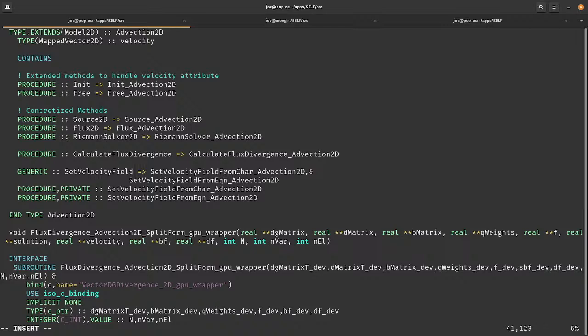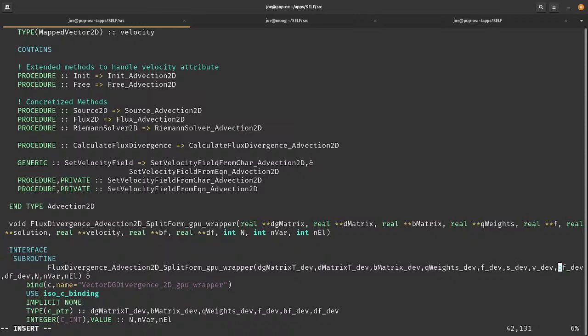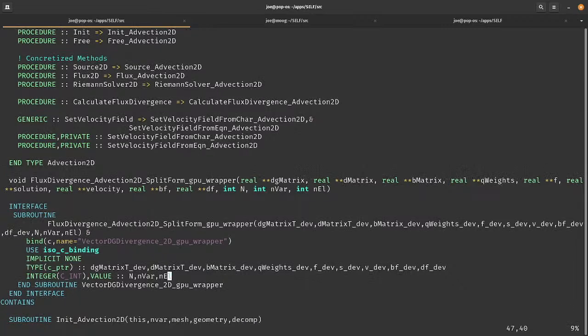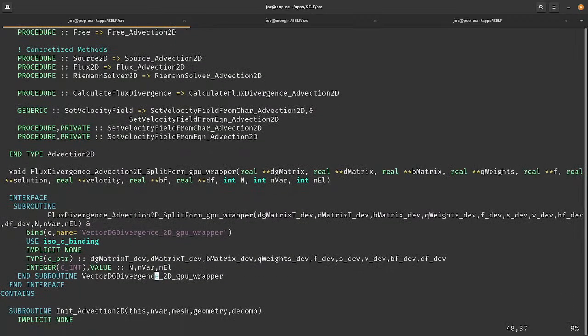So I'll do it as sdev, vdev. That'll work. Let's go ahead and add those down here. Sdev, vdev. Let's add that D matrix. Okay. And then let's get that name right again.